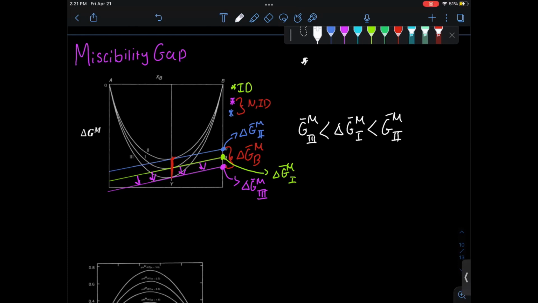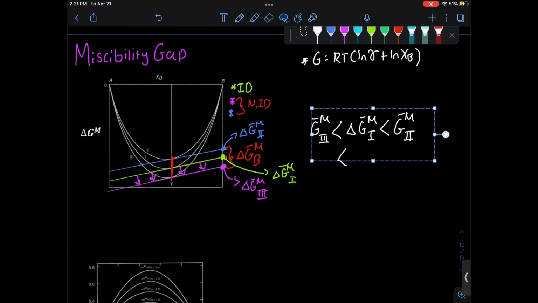And what do we know about the partial molar Gibbs free energy? Well, it's equal to RT ln of our activity coefficient plus ln of our composition. Now, let's try to compare activity coefficients. We know that in an ideal scenario, if our mixture is ideal, our activity coefficient is 1.